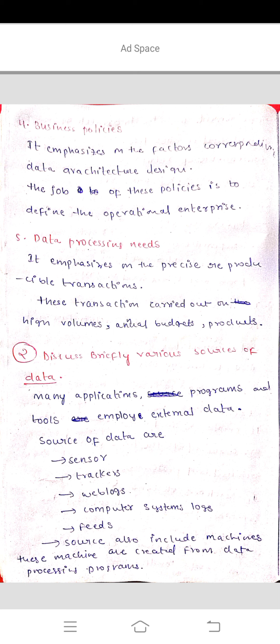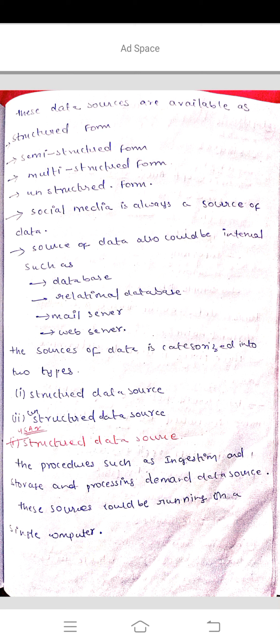The sources of data are sensors, trackers, web logs, computer system logs and feeds. Sources also include machines, created by data processing programs. These data sources are available in structured, semi-structured, multi-structured and unstructured forms. Social media is always a source of data.